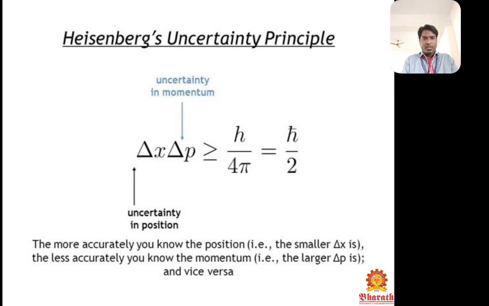The more accurately you know the position, the smaller delta x is, and the less accurately you know the momentum, the larger delta p is, and vice versa. That is the Heisenberg uncertainty principle. The mathematical expression is delta x delta p greater than or equal to h by 4 pi, which is equal to h by 2.